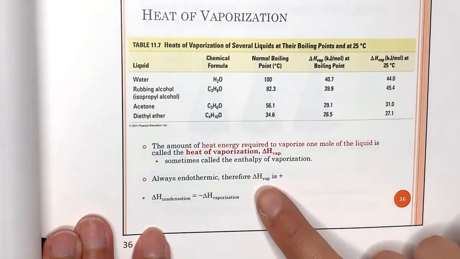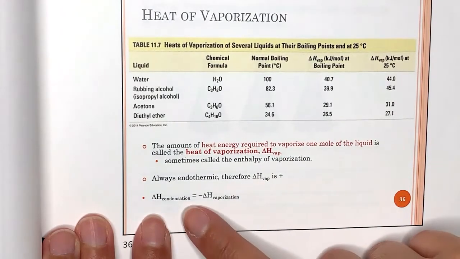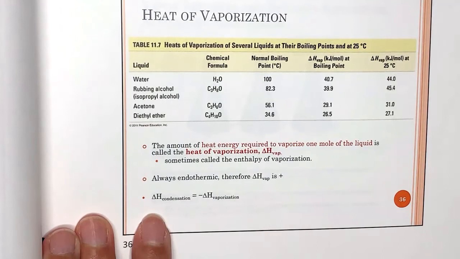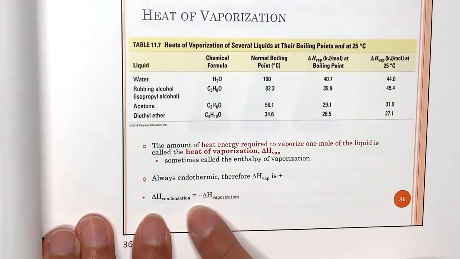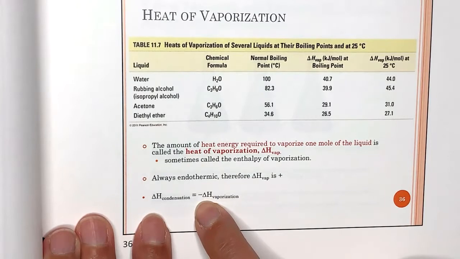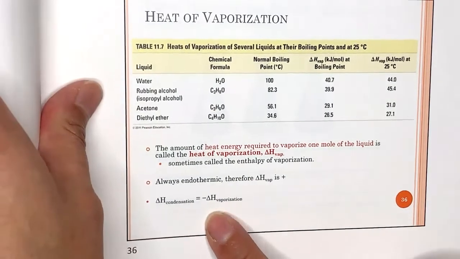Endothermic, or heat of vaporization. Condensation is the opposite because it's complementary. It's the opposite sign because it's the exact opposite process. So if vaporization is endothermic, condensation will be exothermic. That's why it's a negative sign. We just say condensation is the negative of the vaporization, okay?